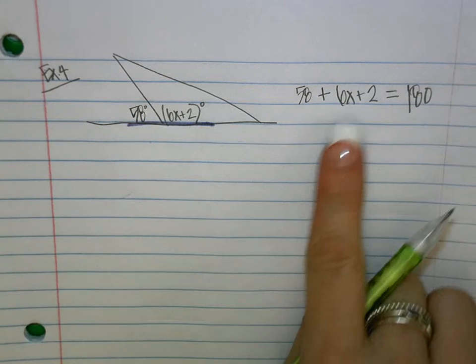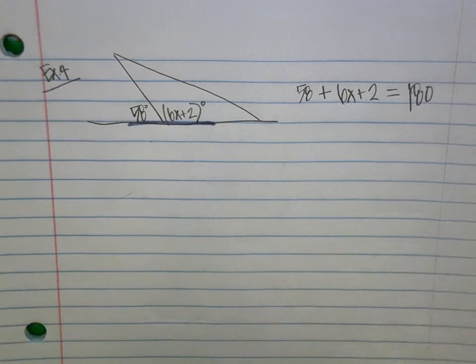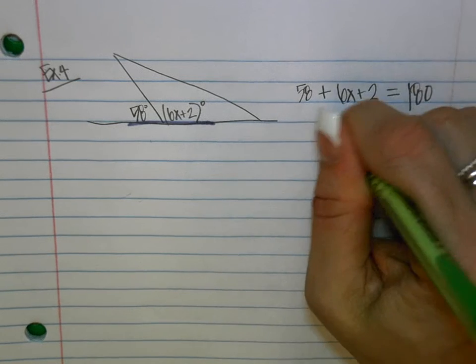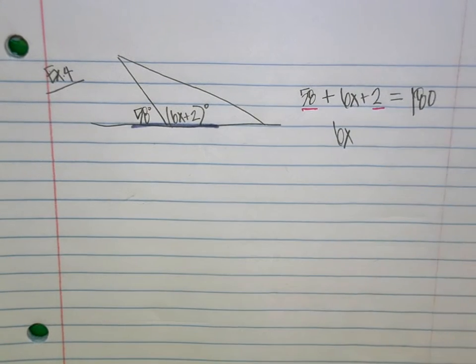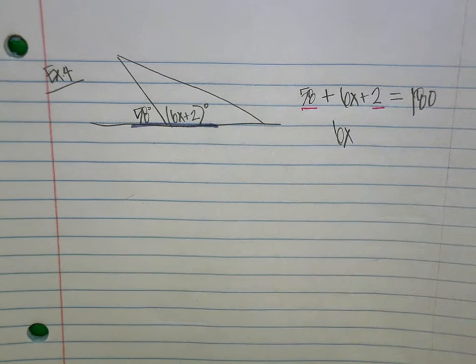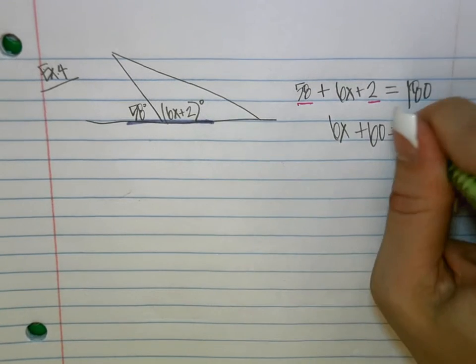Next, I'm going to combine my like terms. The 6x goes with nothing, so I just rewrite it. And then 58 plus 2 gives you what? 60. So 6x plus 60 equals 180.